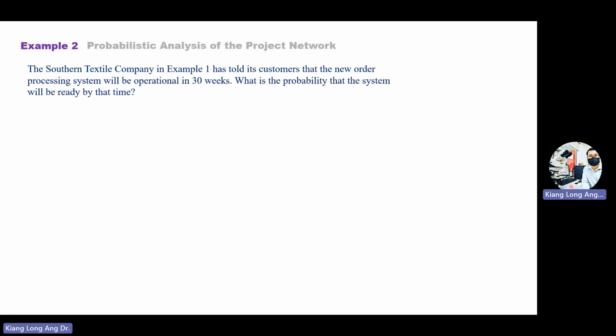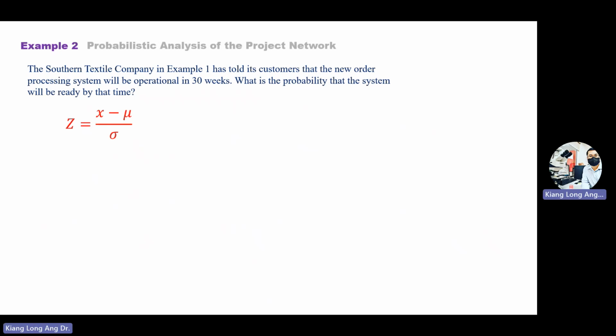So you tell the customers that the new order processing will be operational in 30 weeks. What is the probability that the system will be ready by that time? So now we will use statistics to tell whether this project will succeed or not.